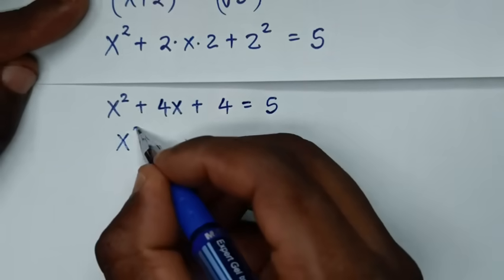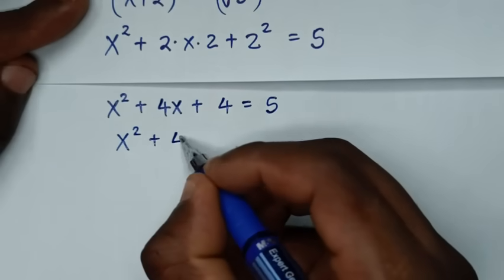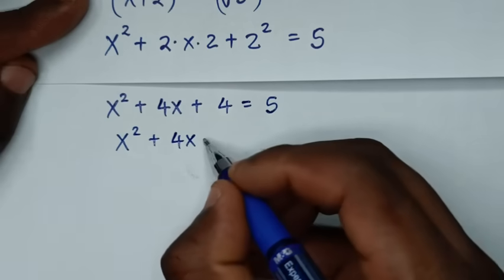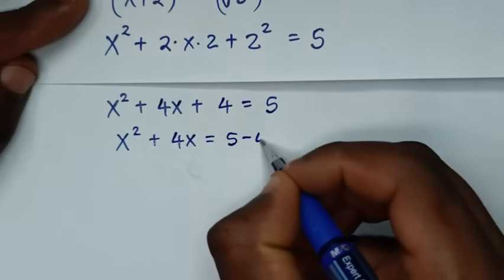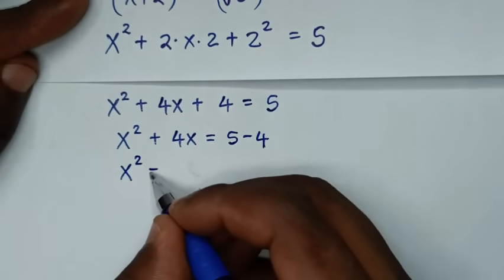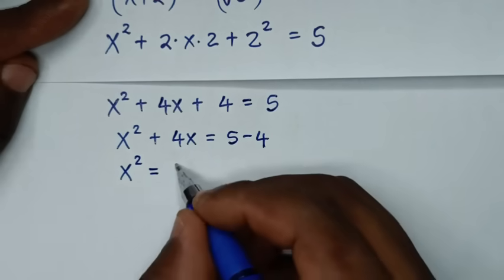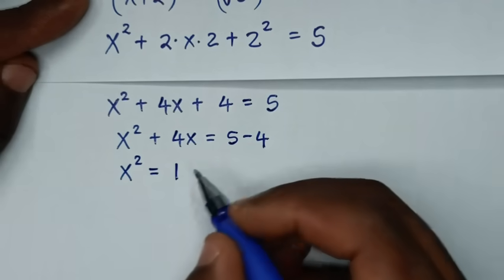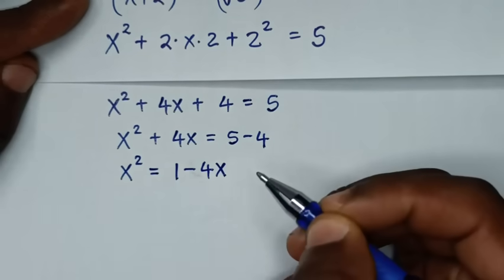So it will be x squared, then plus 4x, this 4 we take to this side, will be equal to 5 minus 4. So it will be x squared is equal to 5 minus 4 is 1, 4x we will take to this side to be minus 4x.